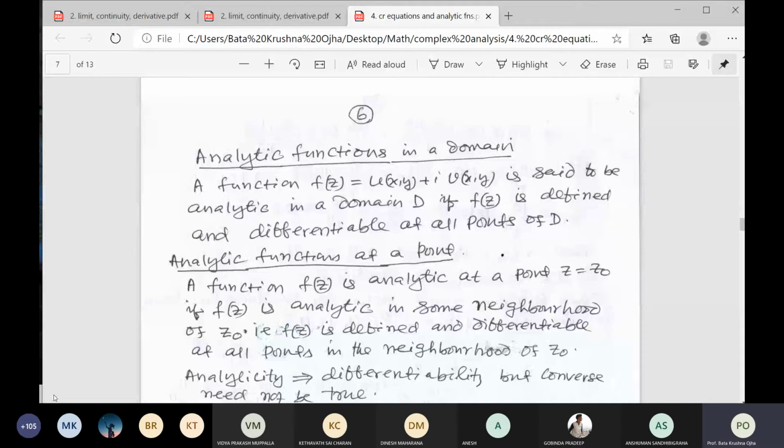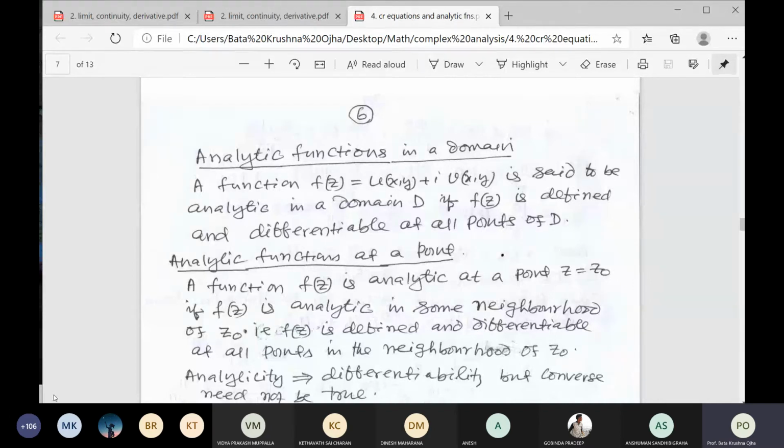You understand this point? The function is differentiable at z0 and also differentiable at each and every point in some neighborhood of z0.